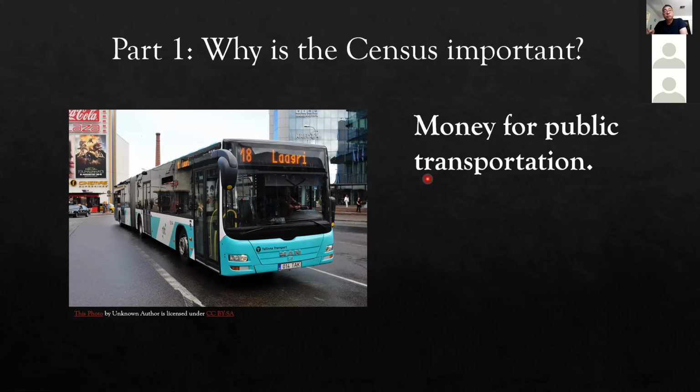Public transportation is talking about bus, talking about train, right? And subway. I know China has good public transportation. UK has good public transportation. Japan and Korea, they have good public transportation. California doesn't have good.